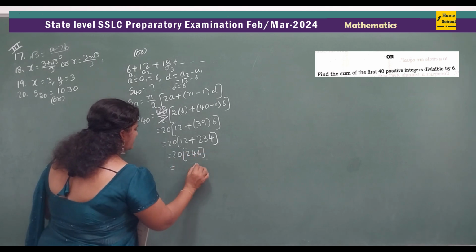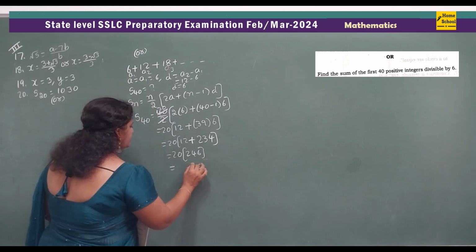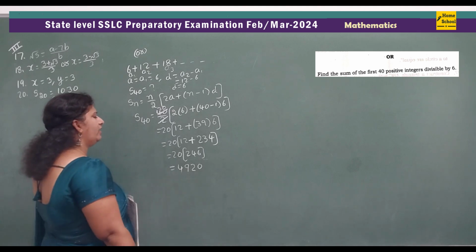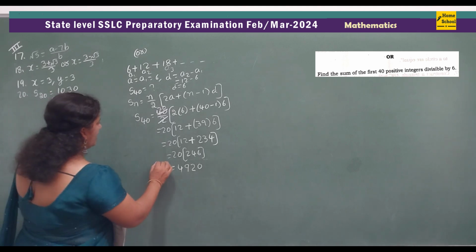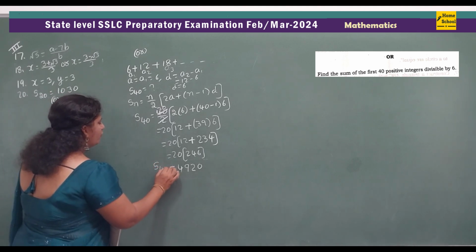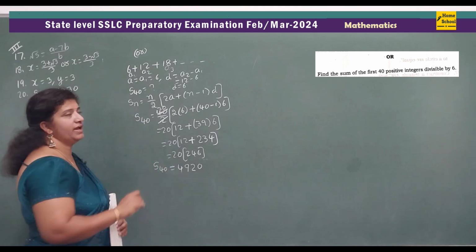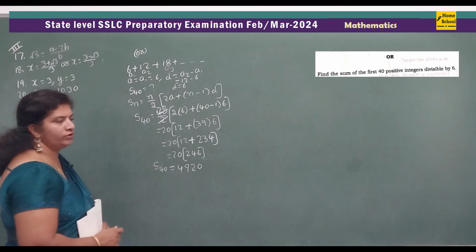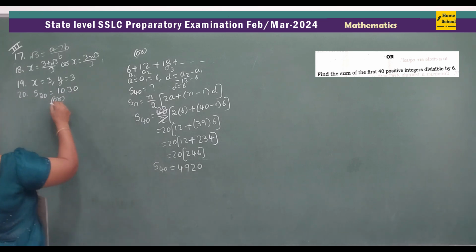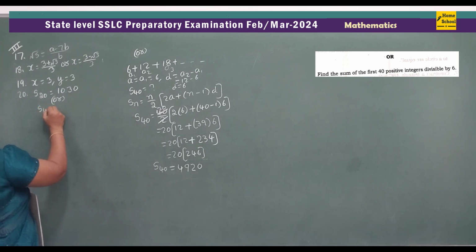Multiply these two. 0. 2 sixes are 12. 8 9 4. Okay. 4920. Sum of 40 numbers which are divisible by 6 is 4920. Yes, S40 is equal to 4920.